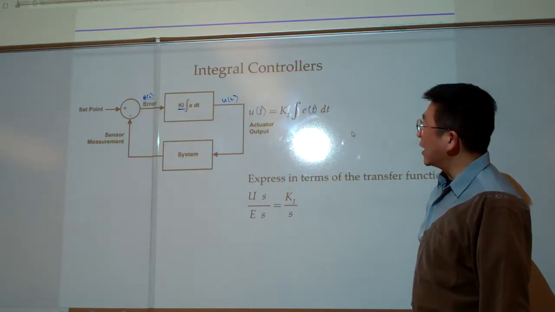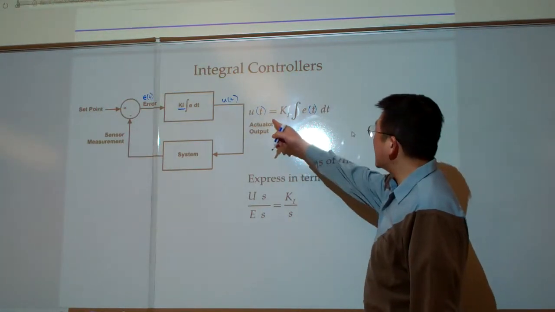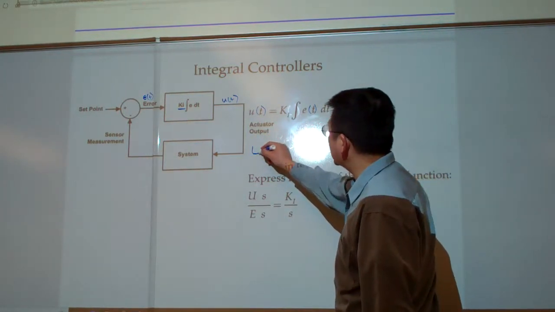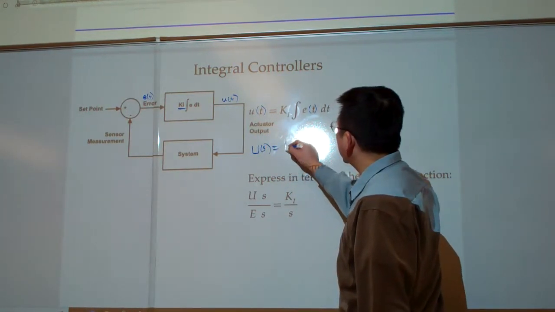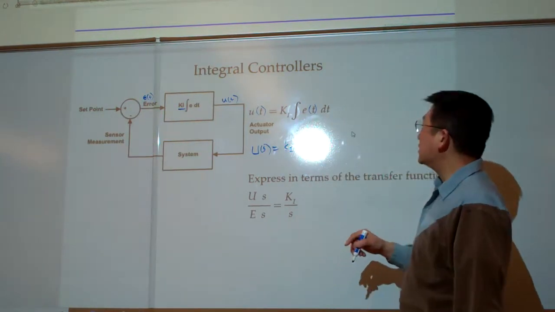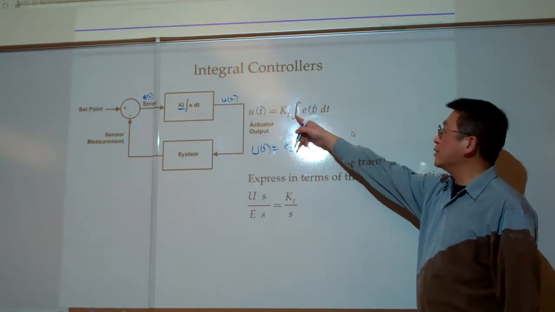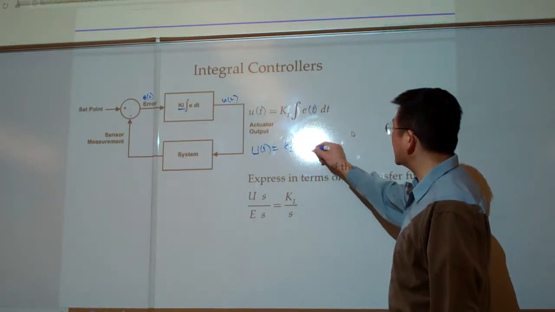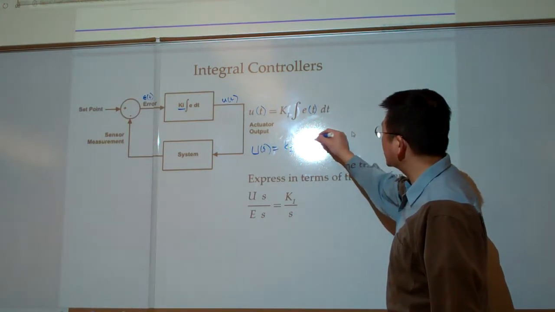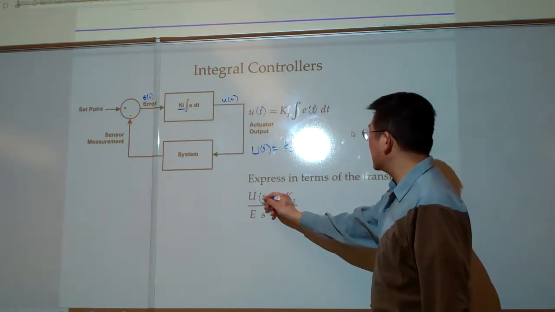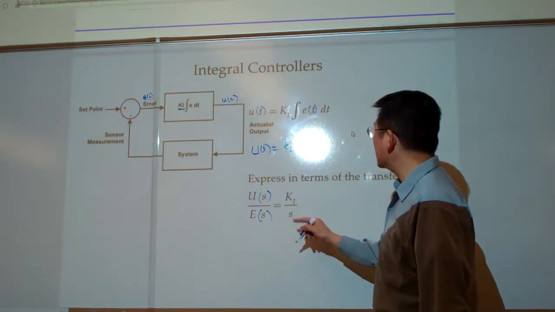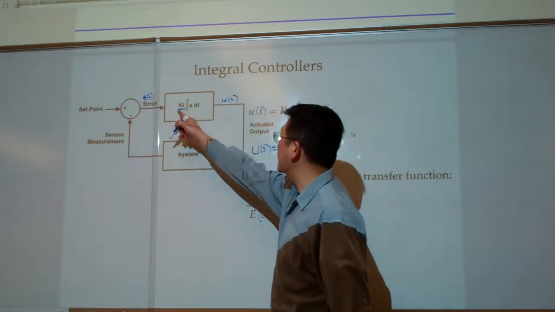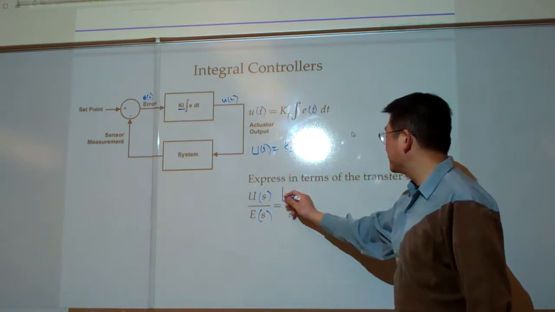For this case, if we take the Laplace transform of this equation, U of S equals Ki. If you remember, the Laplace transform of an integral is multiplication by 1 over S. We move E over, so the transfer function between U and E equals this.